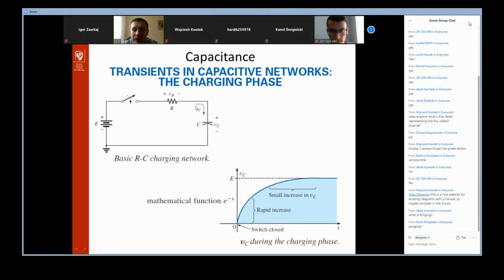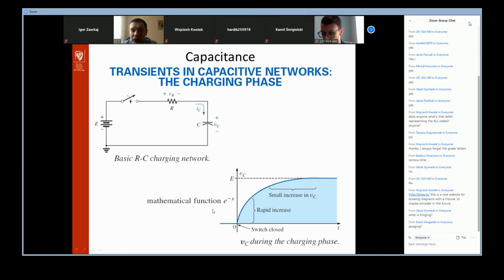So the current at the first moment when the switch is turned on is connected with the movement of electrons between the plates. Yeah, what I talked about previously. So how does the voltage drop on the capacitor VC look during the time, starting from the moment when the switch was turned on? The shape or characteristic looks like that.